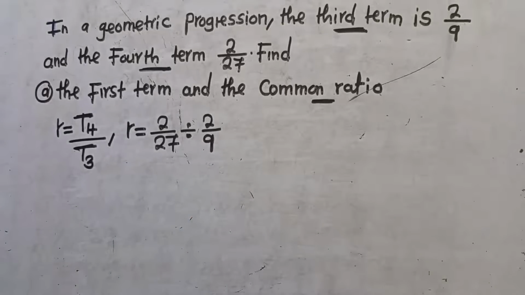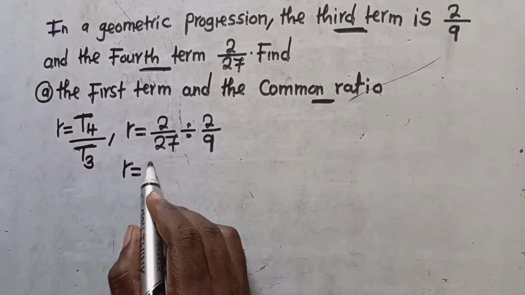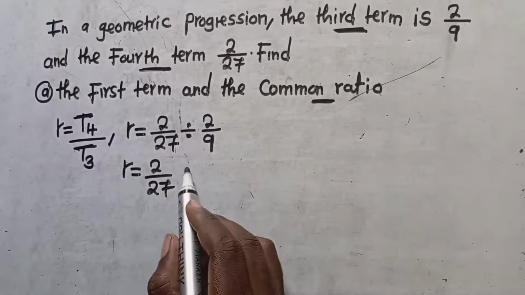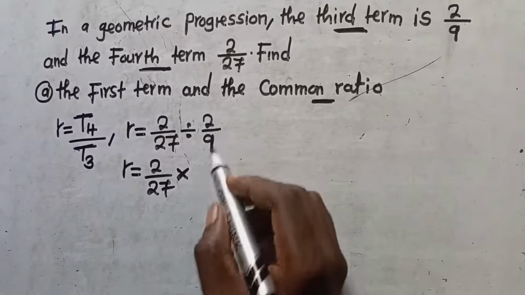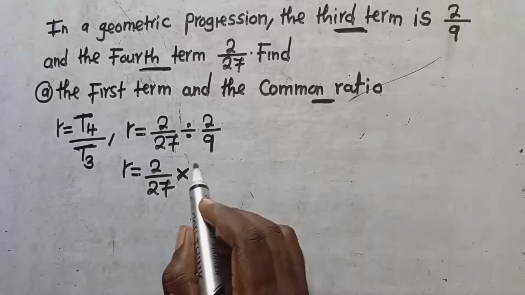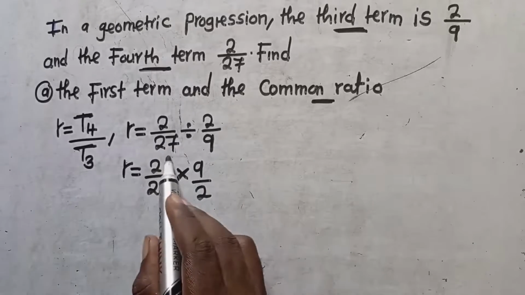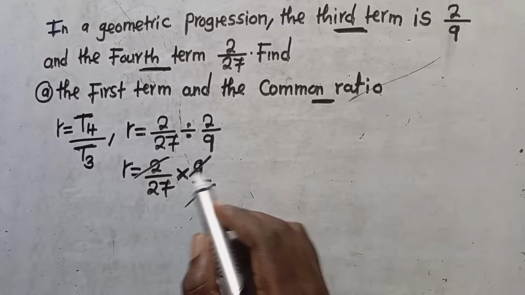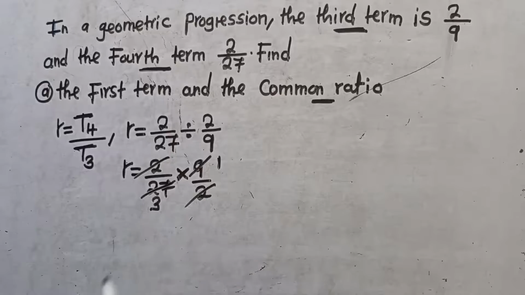This is what you are going to do. I guess you know what to do. Common ratio is equal to 2 over 27. This one changes to multiplication. So once it changes to multiplication, these two are going to reciprocate. The 9 goes on top, the 2 comes down. 2 will be cancelled. 9 into 9, it is 1. 9 into 27, that is 3.